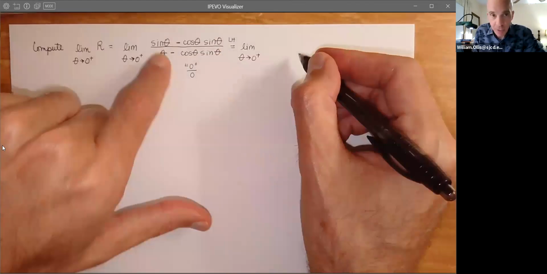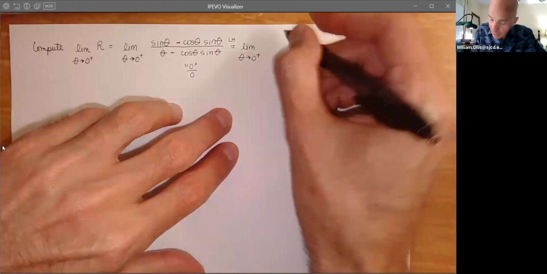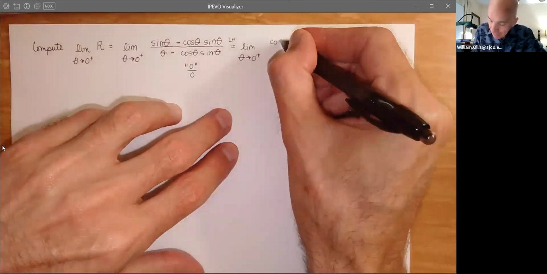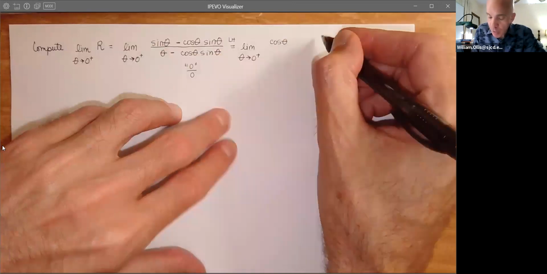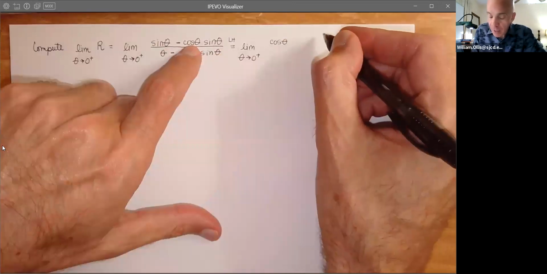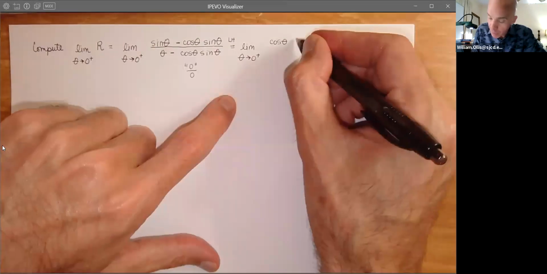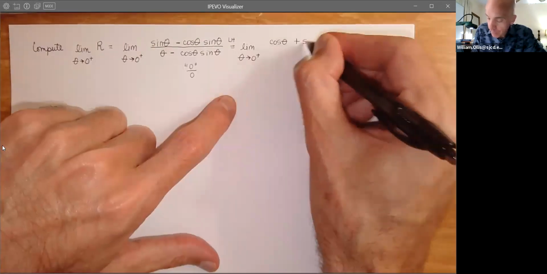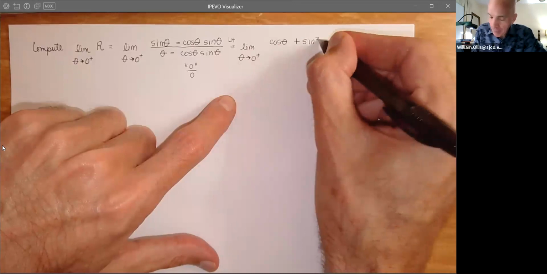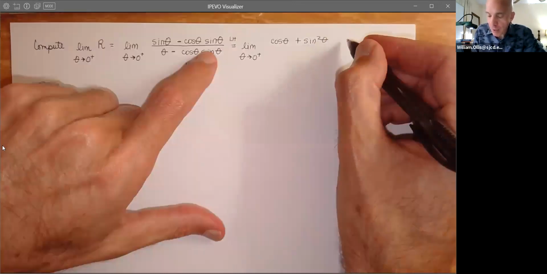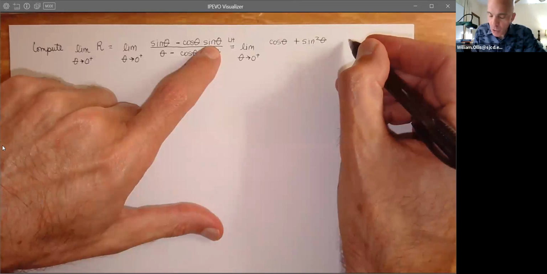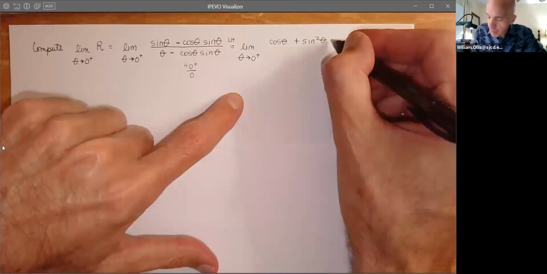Now take the derivative, so we get cosine theta. And then the derivative of a cosine is negative sine, so we're going to get minus minus, plus sine squared. And then the derivative of sine is cosine, so we get 2 copies of cosine with a minus.